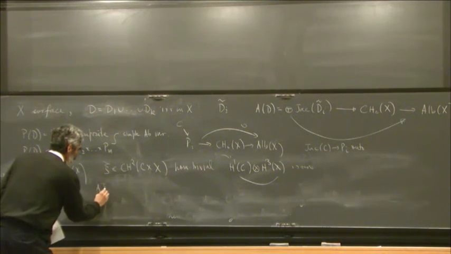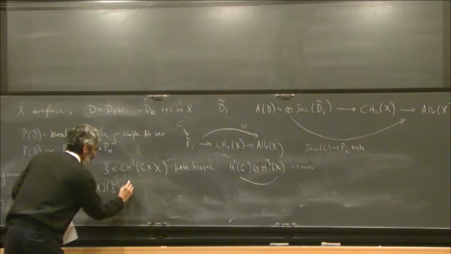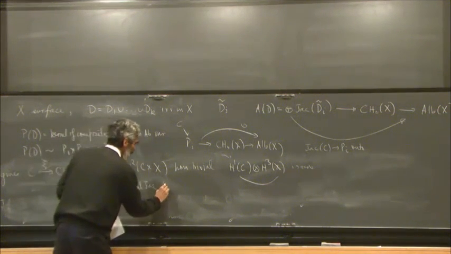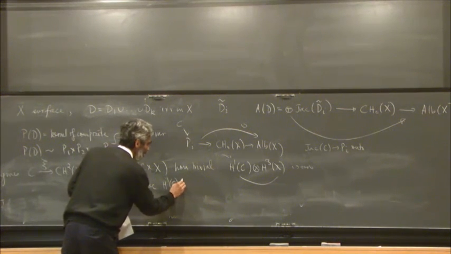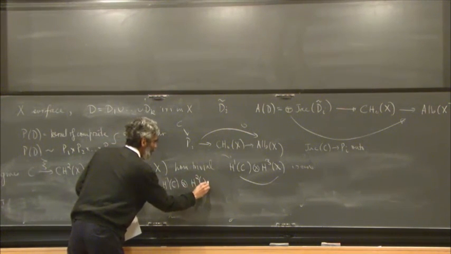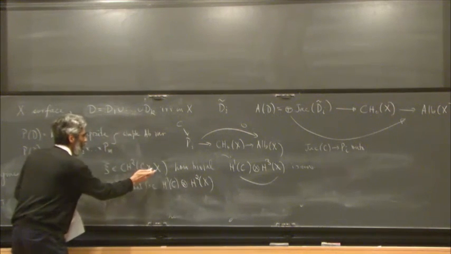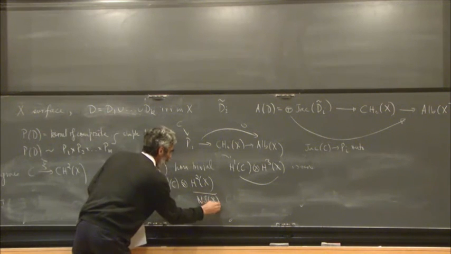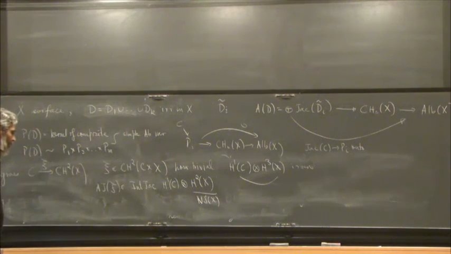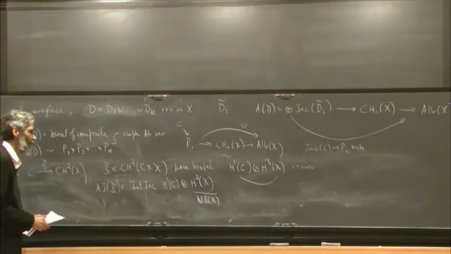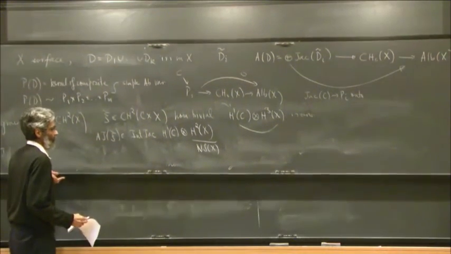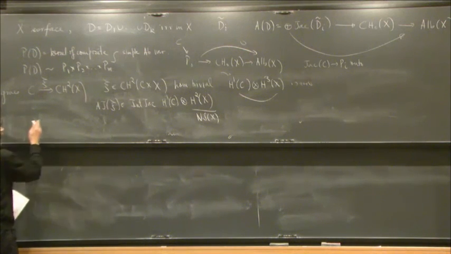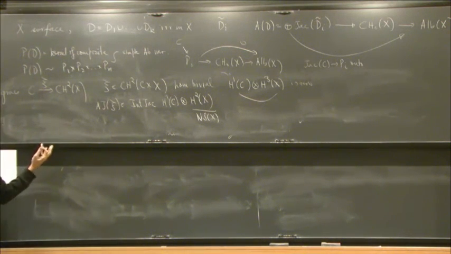You get AJ psi in the intermediate Jacobian of the various parts, and the one we are interested in is H1 of C tensor H2 of X, but because you can add points cross stuff, you will have to take the transcendental part of the cohomology. You get a well defined element there, and so yeah, it's there.